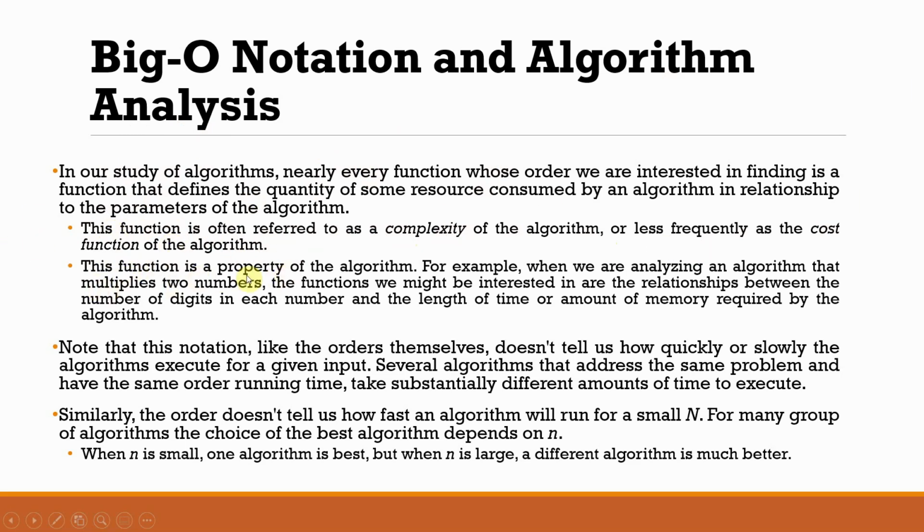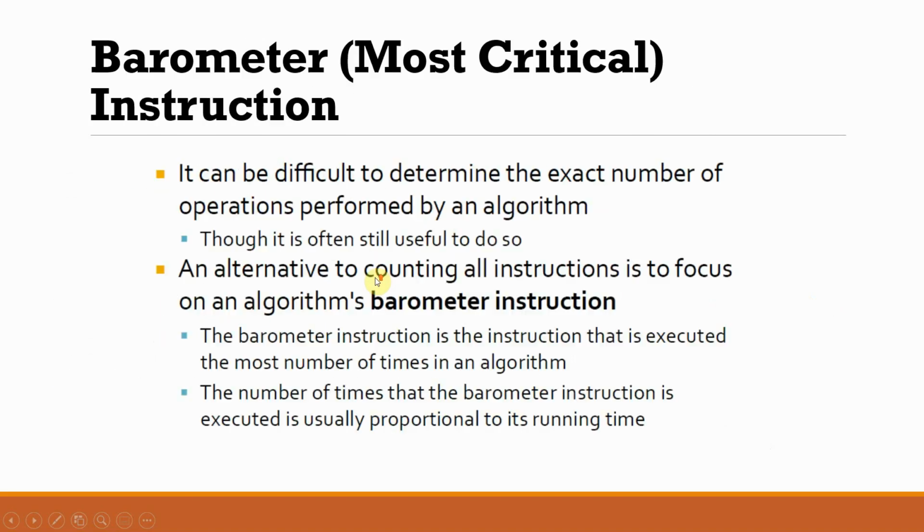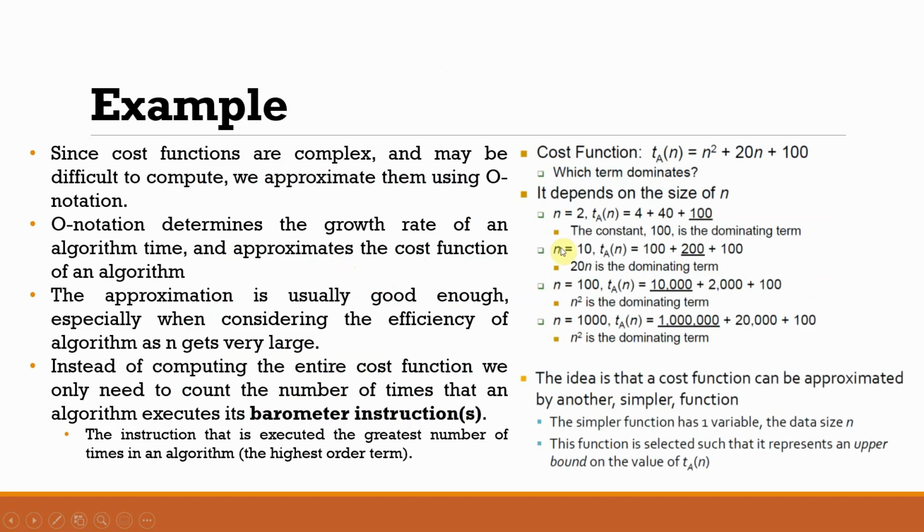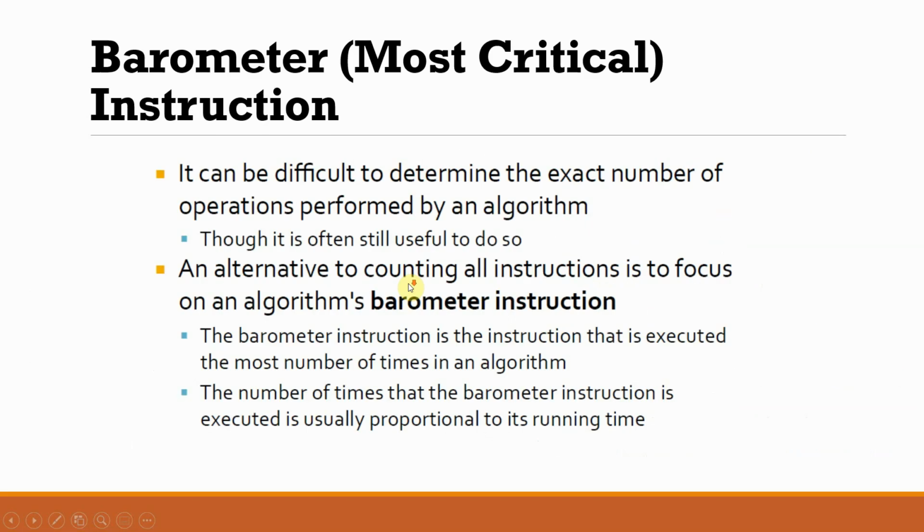This function is a property of the algorithm. For example, when we are analyzing an algorithm that multiplies two numbers, the functions we might be interested in are relationships between the number of digits in each number and the length of time or amount of memory required by the algorithm. Previously I mentioned that we always find the cost function as a function of n, the number of items in our array, vector, linked list, stack, queue, or deck.